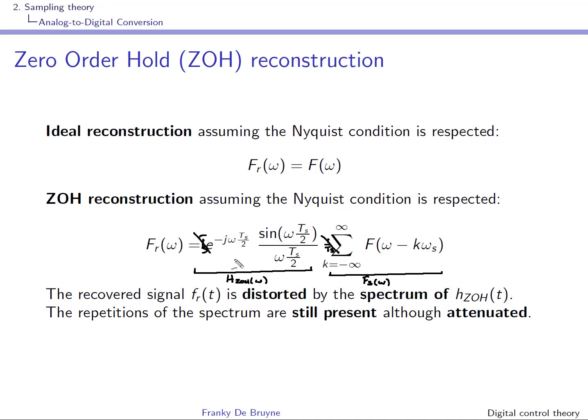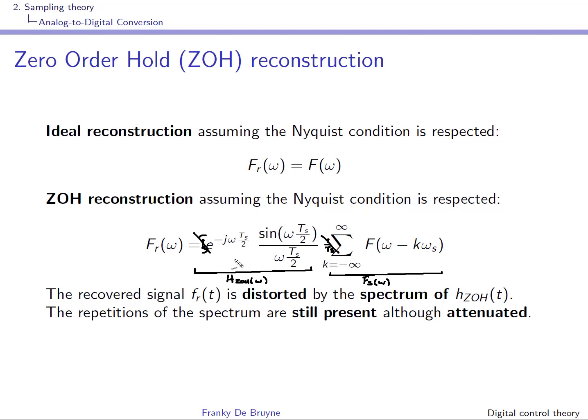What you can already see is that the spectrum of this reconstructed signal is distorted by the spectrum of the impulse response of this ZOH reconstruction filter, and that the repetitions of the spectrum, you can see it over here, are still present, although they will be attenuated.